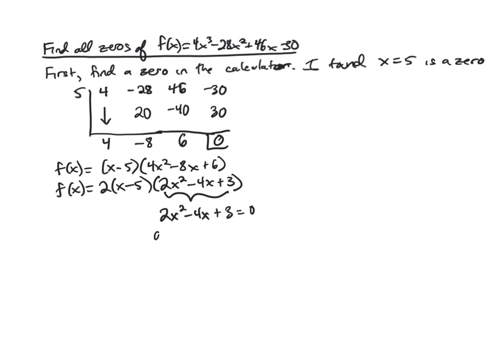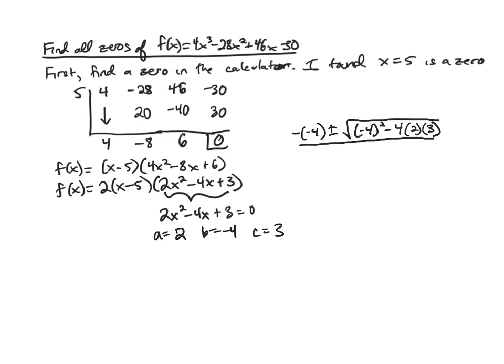And I'm going to solve that by using the quadratic formula with a is 2, b is negative 4, and c is positive 3. So I'm going to come up over here to the side and do negative b, which is negative negative 4, plus or minus the square root of b squared, which is negative 4 quantity squared, minus 4 times a, which is 2, times c, which is 3.